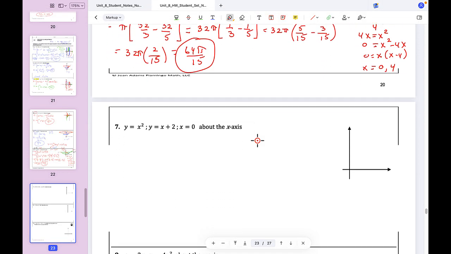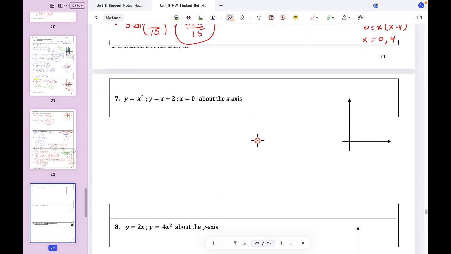Okay, let's look at number 7. Again, you don't have to sketch it, but I think it's very difficult if you don't. We've got y equals x squared, which is actually the full parabola. We've got the line y equals x plus 2.